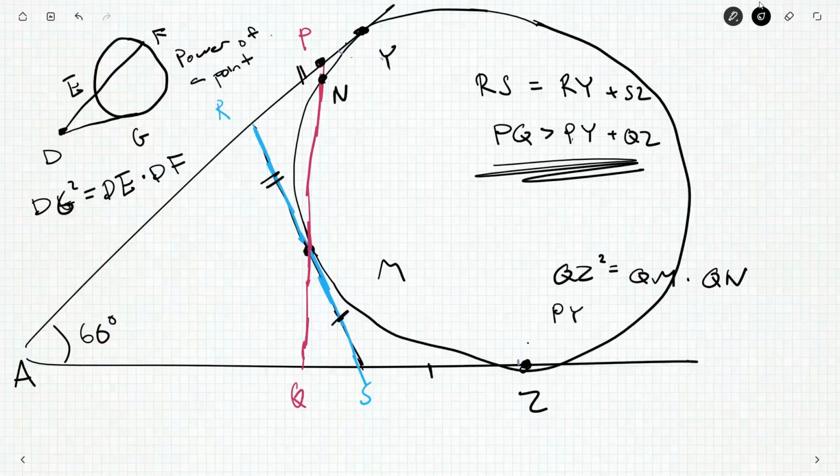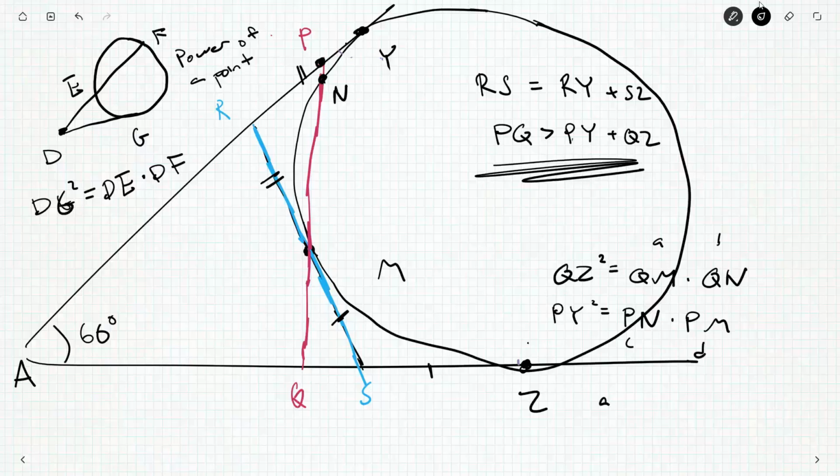And PY squared is the same as PN times PM. Now, QM and PM, that's nice and relevant. QN and PN. So we've got values A, B, C, and D. A plus D is the same as B plus C. So I feel like there's something I can do here.